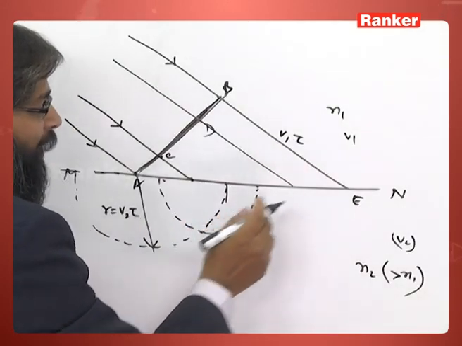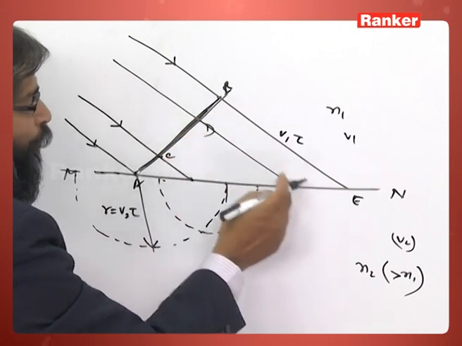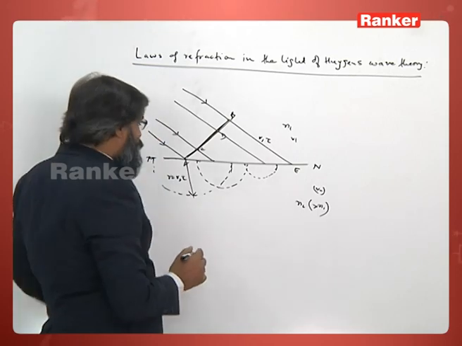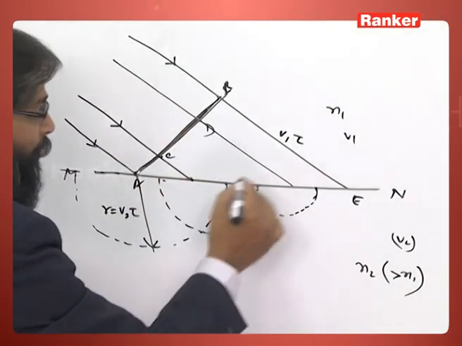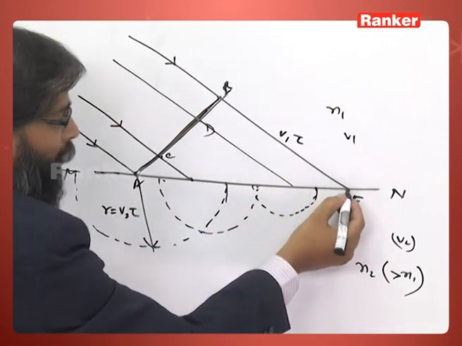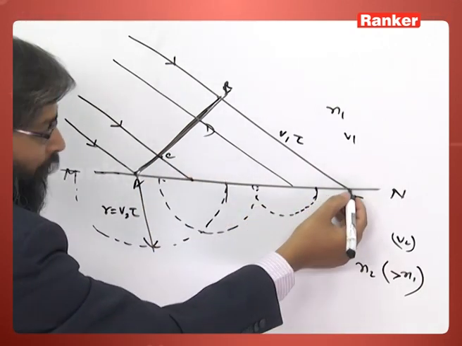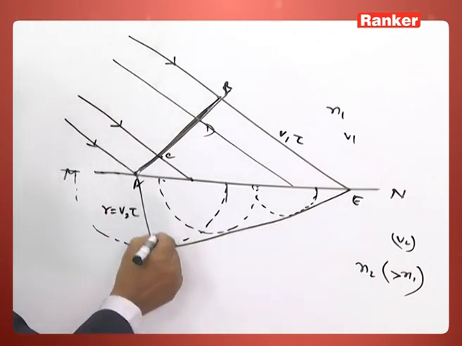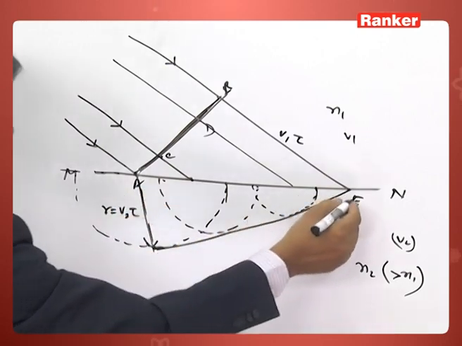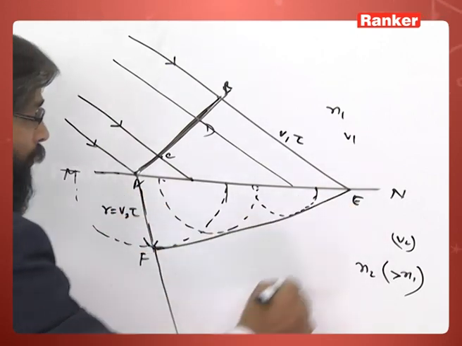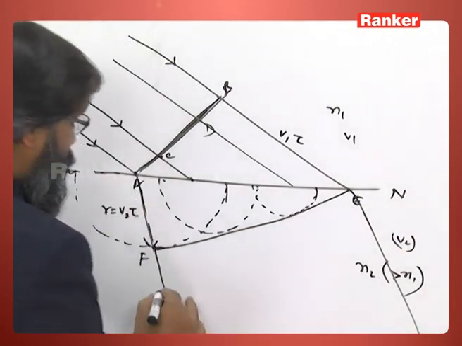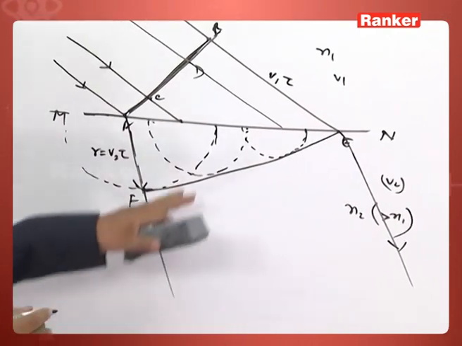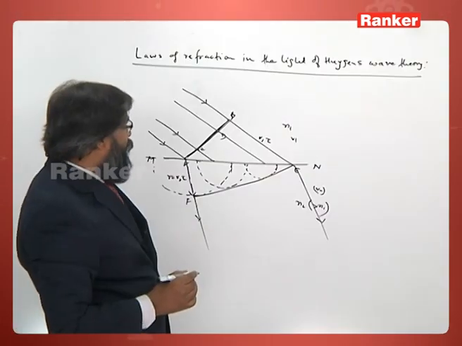Now we have so many points and so many wavelets. So the position of the wavefront will be given by the envelope, that is the tangent plane to these, let us call it AE, F. In this way the ray goes like this and FE becomes the refracted, transmitted wavefront.